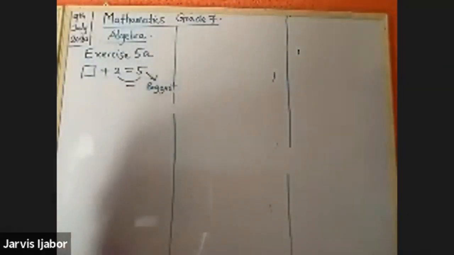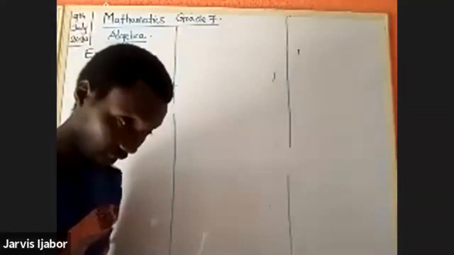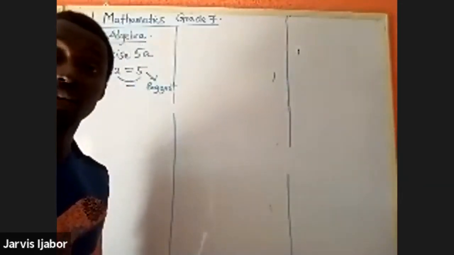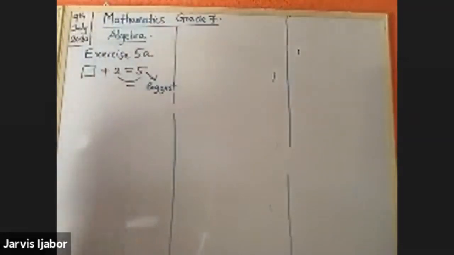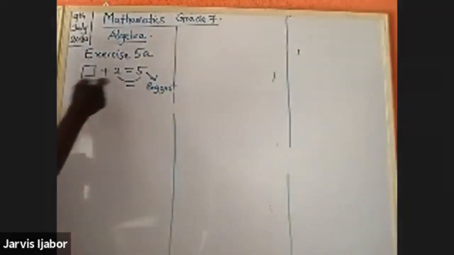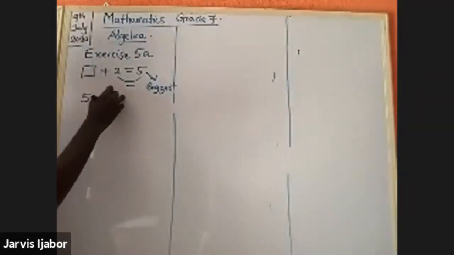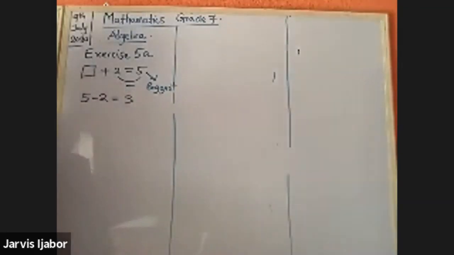Take note of that. Let that sink in. When you add 2 numbers, the answer is always the biggest. So any other number I need to get, I'll get by doing subtraction. So the answer is 3.